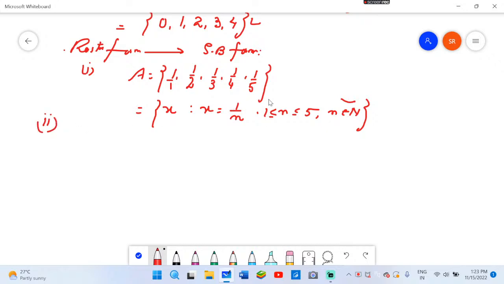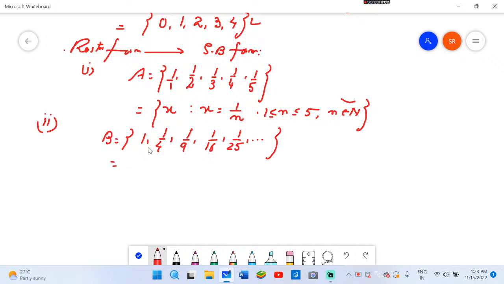Second is, say, 1, 1 by 4, 1 by 9, 1 by 16, 1 by 25.